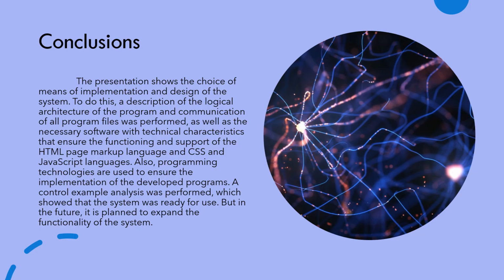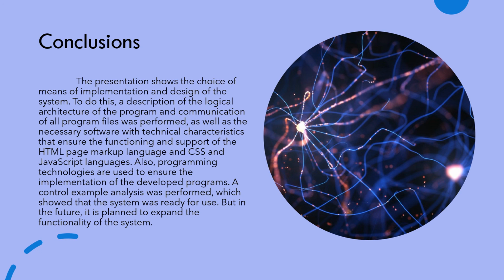Conclusions. The presentation shows the choice of means of implementation and design of the system. To do this, a description of the logical architecture of the program and communication of all program files was performed, as well as the necessary software with technical characteristics that ensure the functioning and support of the HTML page markup language and CSS and JavaScript languages.